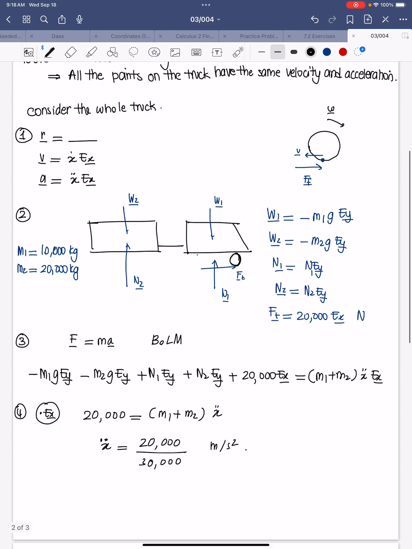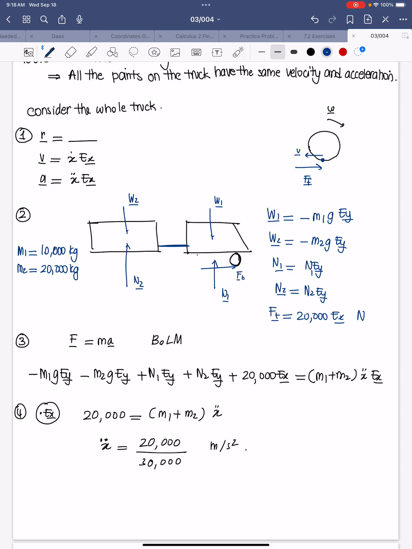Next, we want to determine the tension in this drawbar. The tension force in our first free body diagram was internal to the system, so it wasn't included in the free body diagram of the whole truck. But if I consider either the front truck or the back truck, then the tension force is going to become external to that system. So for example, let us consider the back truck.